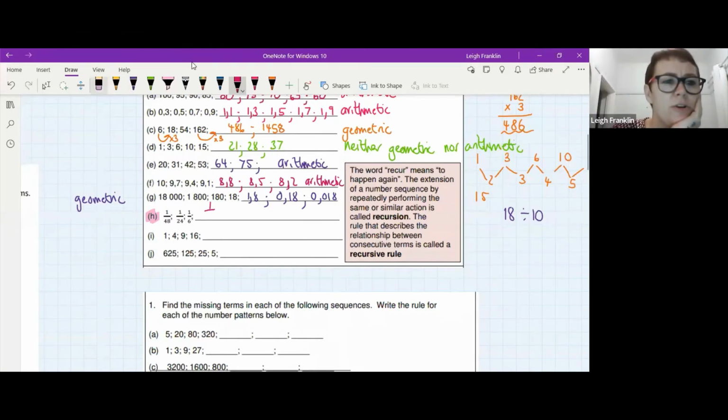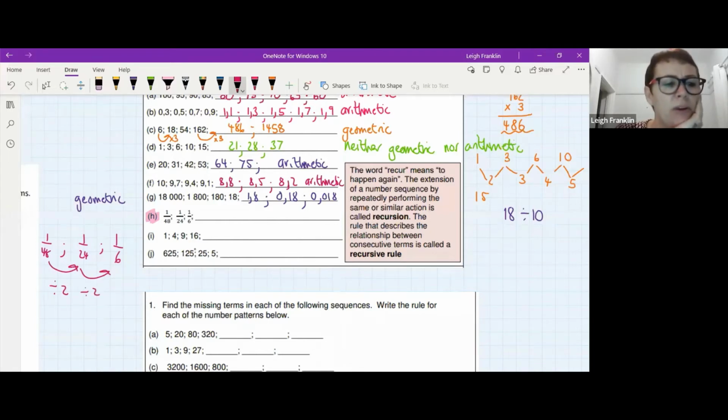Hang on a second. Sorry, Anati. If we've got 1 over 48, and then 1 over 24, and then 1 over 6, all right? We've divided by 2 to get here. Then we're going to have divided by 4.